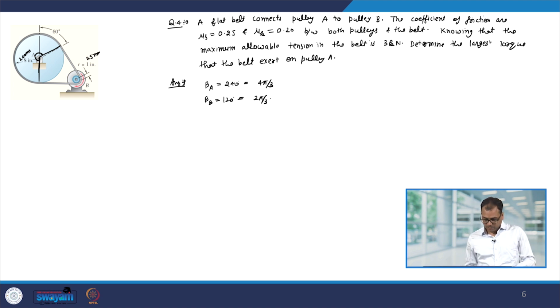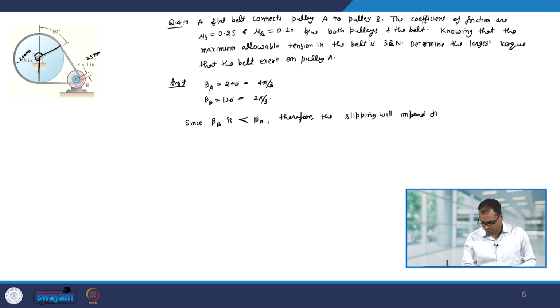So, again you can use the same concept, since beta B is less than beta A, therefore the slipping will impend first on B. Therefore, we have to analyze pulley B first and find out the corresponding tension.